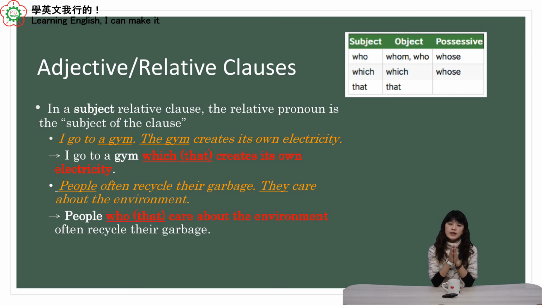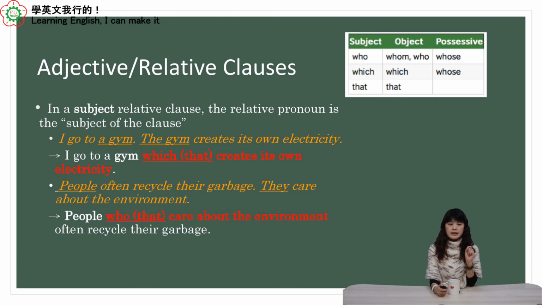So let's look at the example sentence here. A relative clause can be used to replace the subject. It also can be used to replace the object. Let's look at the subject first. In a subject relative clause, the relative pronoun is the subject of the clause.